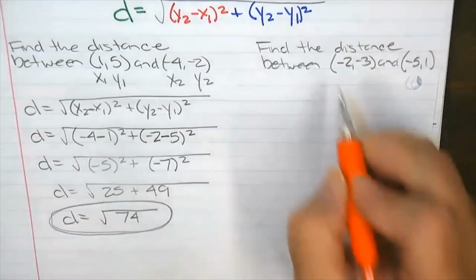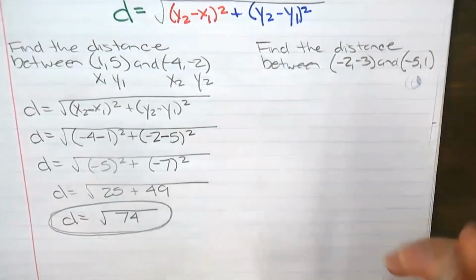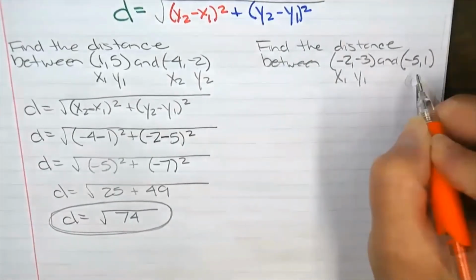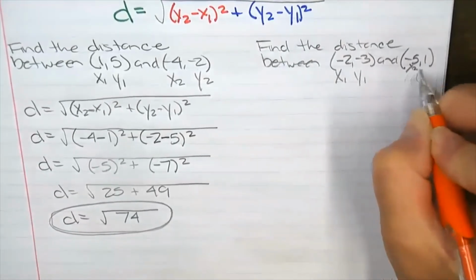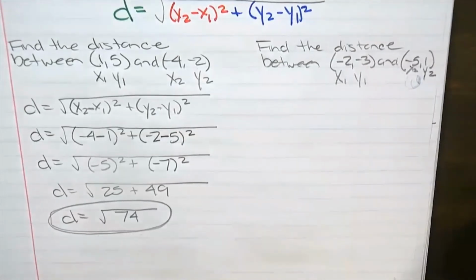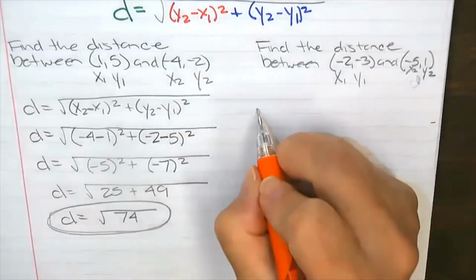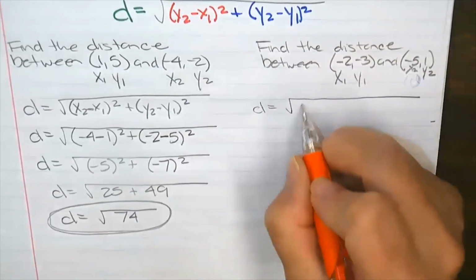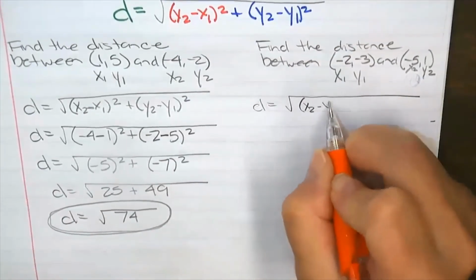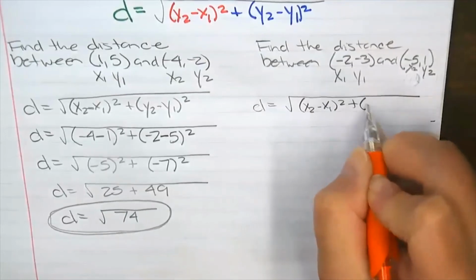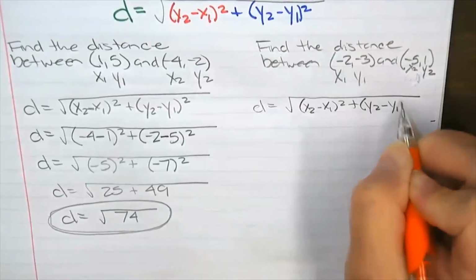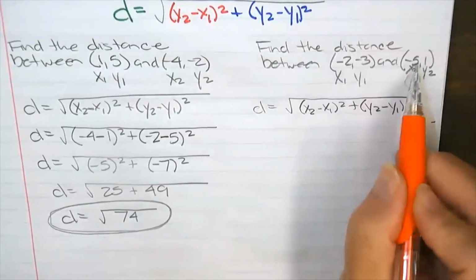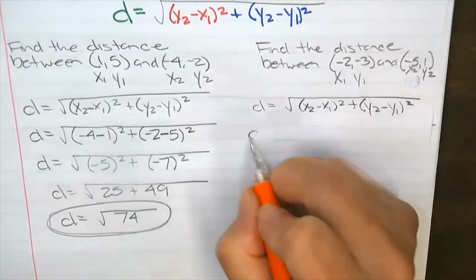So the first thing I need to do is label my numbers. X1, Y1, X2, Y2. Here's my distance formula. D is equal to the square root of X2 minus X1 squared plus Y2 minus Y1 squared. And now we're going to substitute these numbers into here.